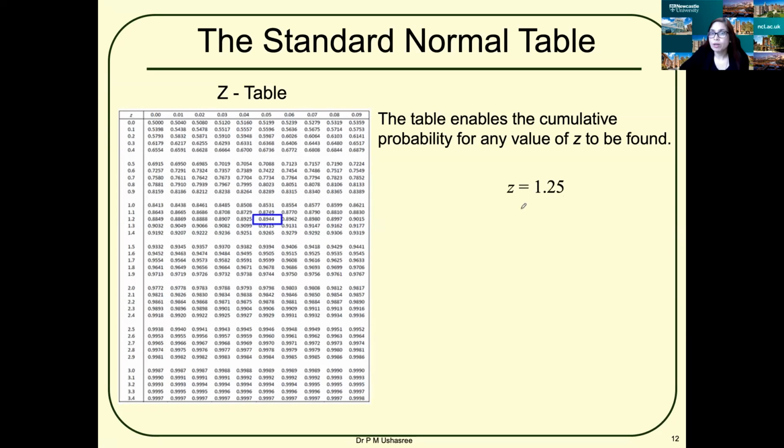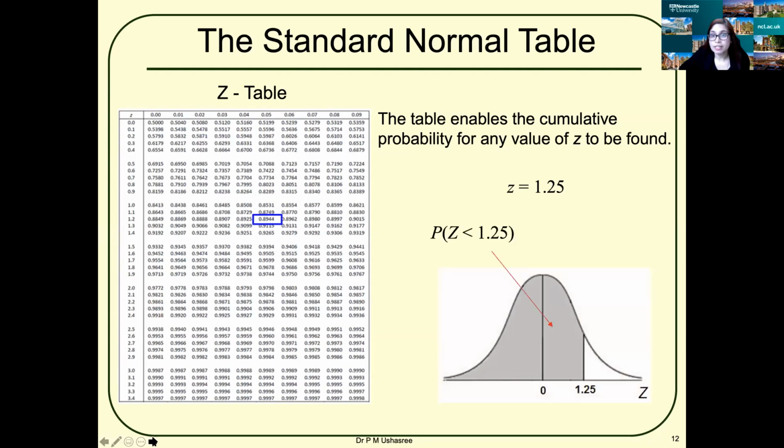Okay, so now let's take a simple example. Z is equal to 1.25, and we want to find Z less than 1.25. That is somewhere here. Along the column, you go for the first two places, so 1.2.